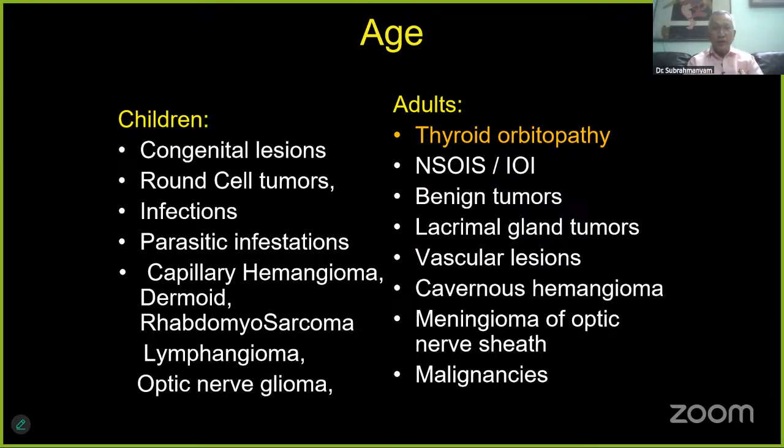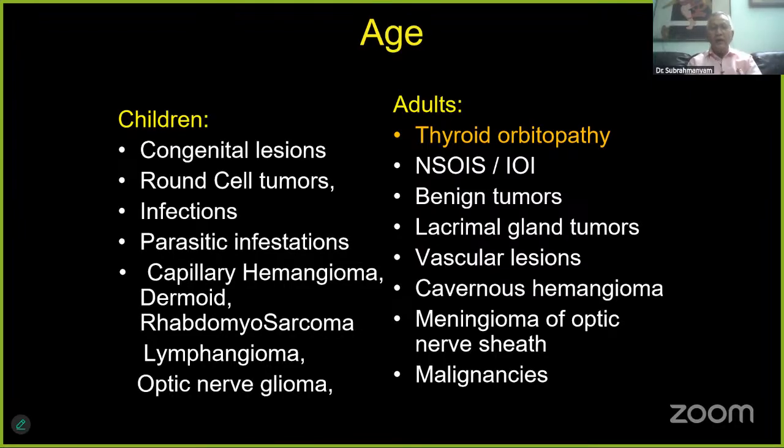Then round cell tumors are quite common: the lymphomas, rhabdomyosarcomas, and also retinoblastomas. Infections are also quite common. Cellulitis, orbital abscess are fairly common among children. Similarly, parasitic infestations, capillary hemangioma, dermoid, lymphangioma, optic nerve glioma. These are the common lesions of proptosis among children.